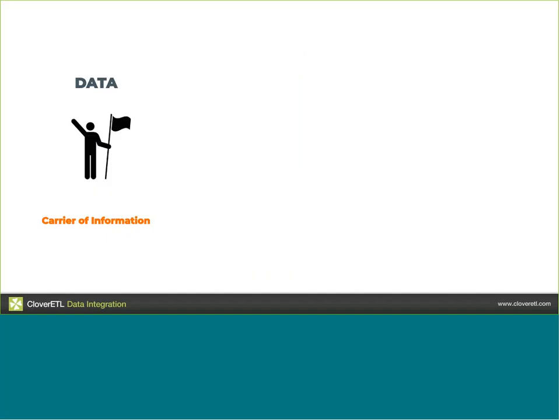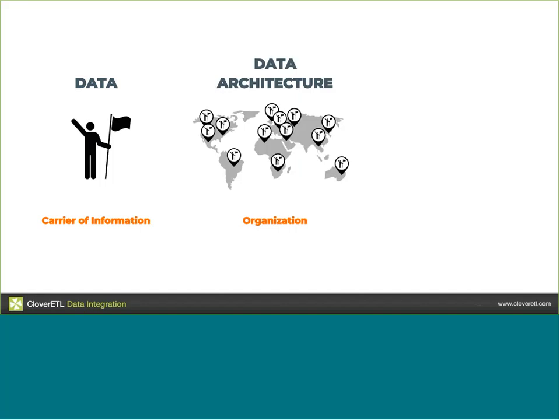To ease us into the webinar, I have a rather funny analogy. If we look at data as a carrier of information, then a data architecture would be the organization of these individual pieces.